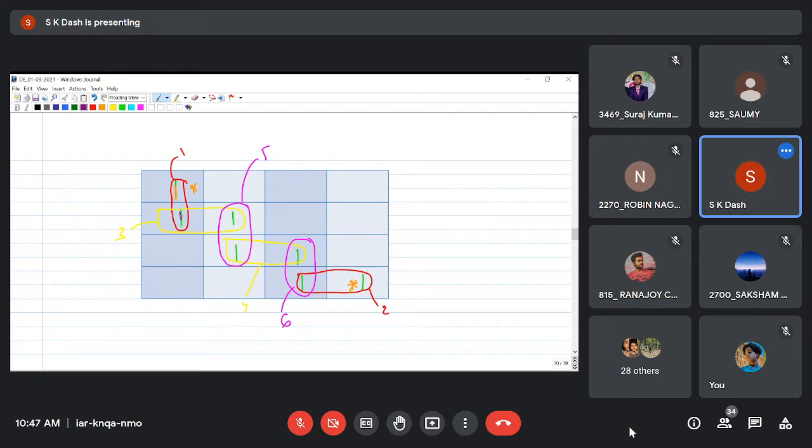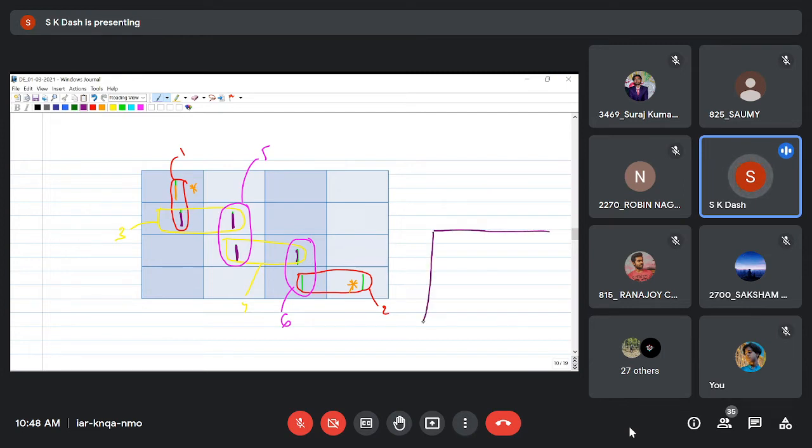This one can be covered using red color or yellow color. This one using pair number 3 yellow or pair number 5 pink. This one using pair number 5 pink or yellow number 4. This one using yellow number 4 or pink number 6. So they can be covered in multiple ways. So all the remaining pairs are not essential.